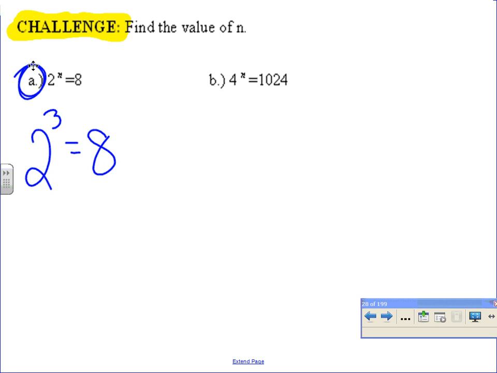Okay, if you think the answer is 3, put your hand up. If you think the answer is 4, put your hand up. If you think the answer is 5, put your hand up. Good job. 4 to the 5th power is 1,024.